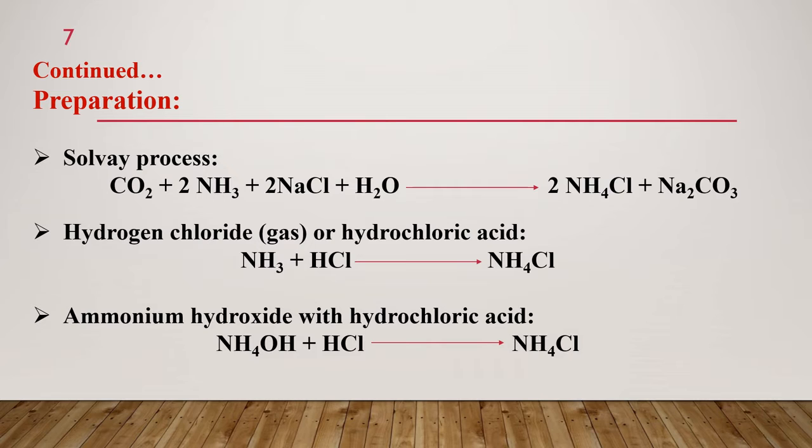It can also be prepared by treating ammonia with hydrochloric acid or hydrogen chloride gas, where ammonia reacts with hydrochloric acid to form ammonium chloride. Also, ammonium chloride can be prepared by treating ammonium hydroxide with hydrochloric acid, where ammonium hydroxide reacts with hydrochloric acid to form ammonium chloride.